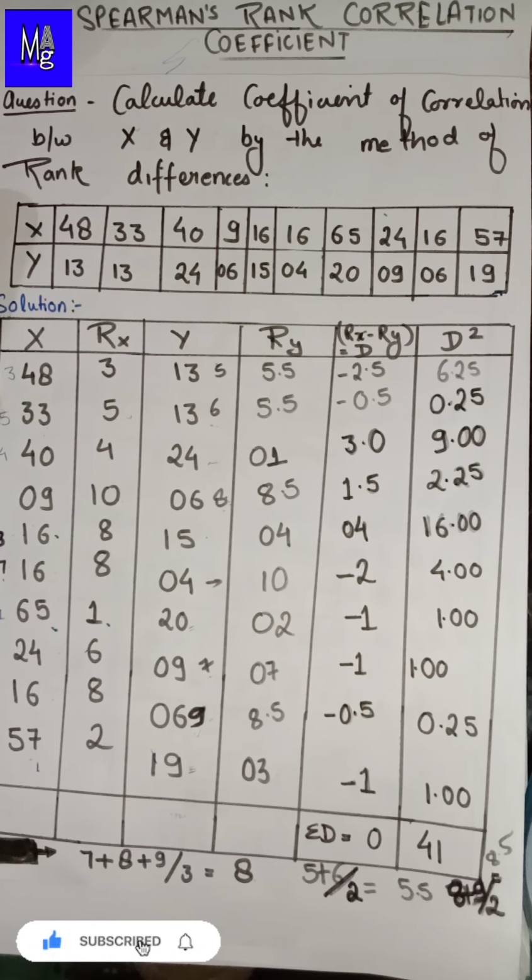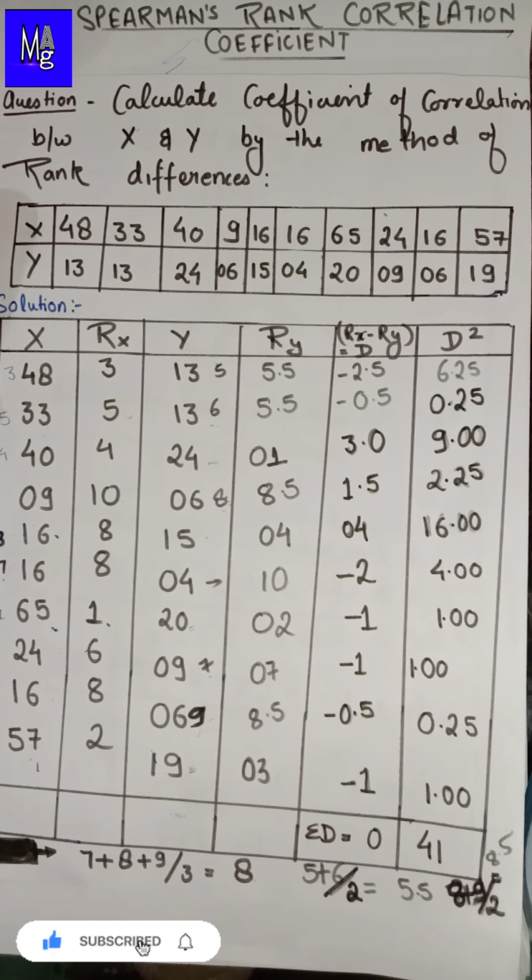Here also, as you can see, we have done it in the same way. This 13 has been repeated twice, and it has been given rank 5 and rank 6, and the average of it comes to be 5.5, so it is given that way. And then the next rank will be 7, which should be given to the next number, that is 9.